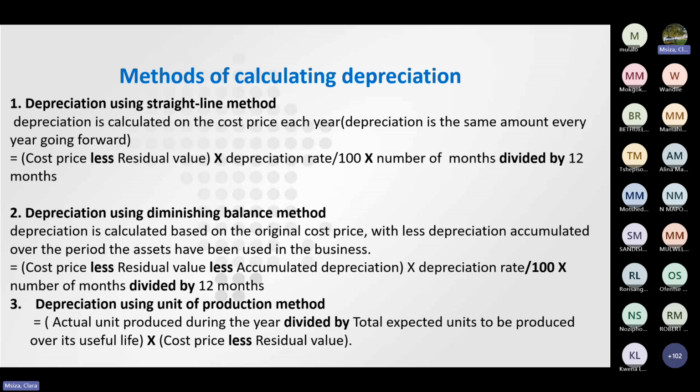But make sure that you read the scenario. If there's any residual value, put it there, either zero or 10,000 or 20,000. Please make sure that you check this because you need to less it from the cost price of an asset when you calculate the depreciation.